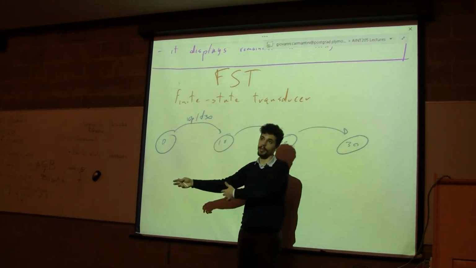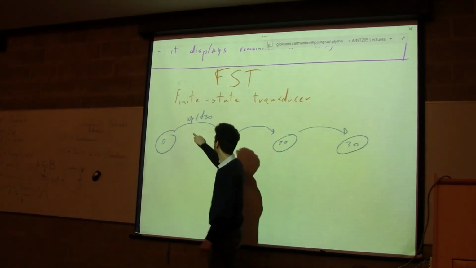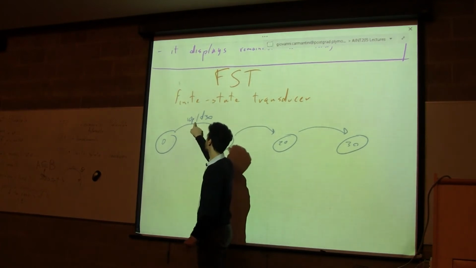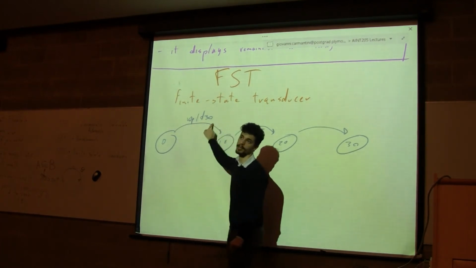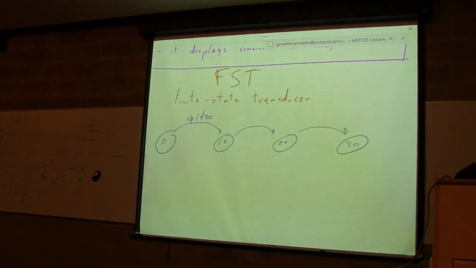You also output something with this finite state transducer. So I give 10 pence, then the machine displays 30 pence. Okay? I give another 10 pence, the machine displays 20. I give 10 pence, the machine displays 10.